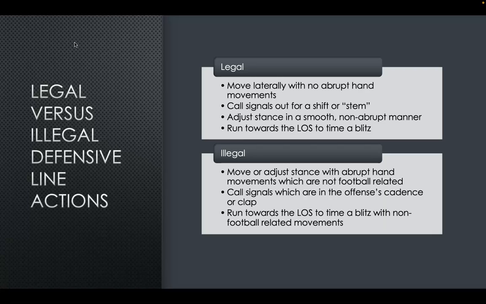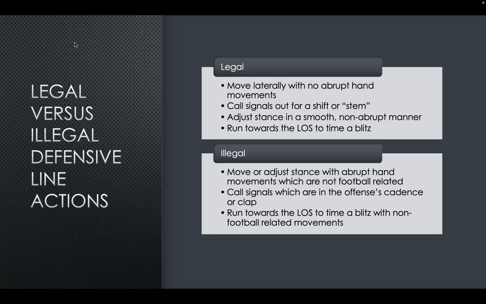And then in the case where a linebacker is timing the snap, they're going to run towards the line of scrimmage to time the blitz. This is where our judgment and being involved in the game enough comes into play. If it happens prior to the offense beginning their cadence, my antennas would be up, as there would most likely be something fishy going on.